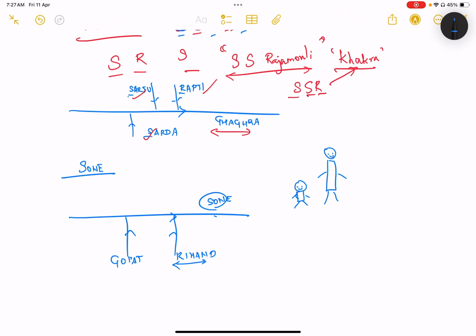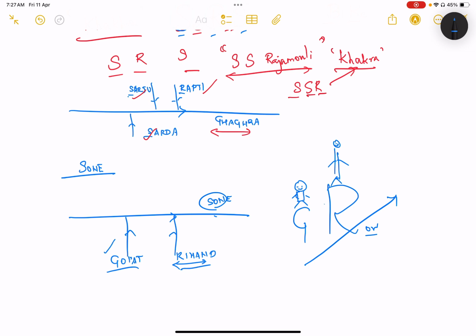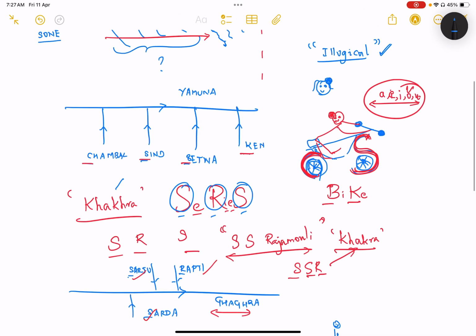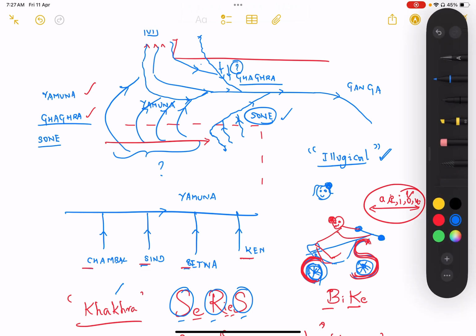There you go. The sun grows, just like how people draw signs in stock markets. This is just for completing the mnemonic. So you would remember G and R. G stands for river Gopat, and then finally R for Rihand. And that ends the third one also.